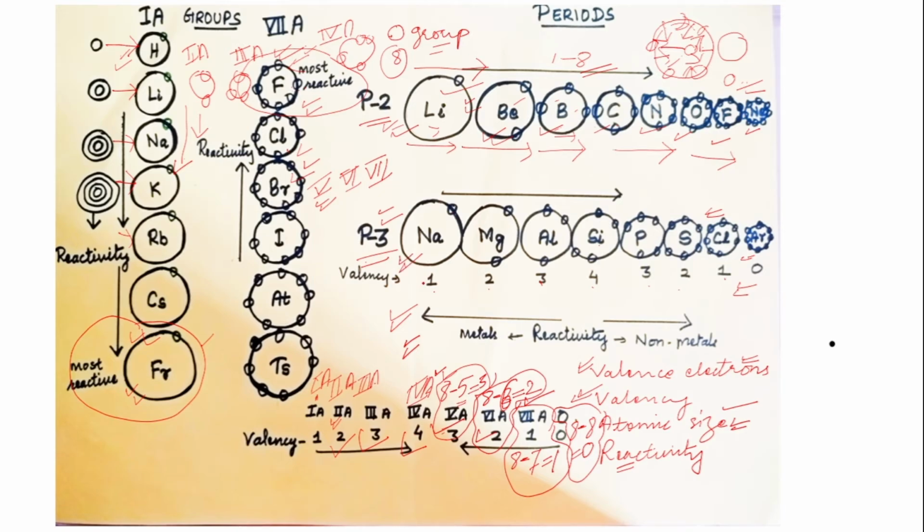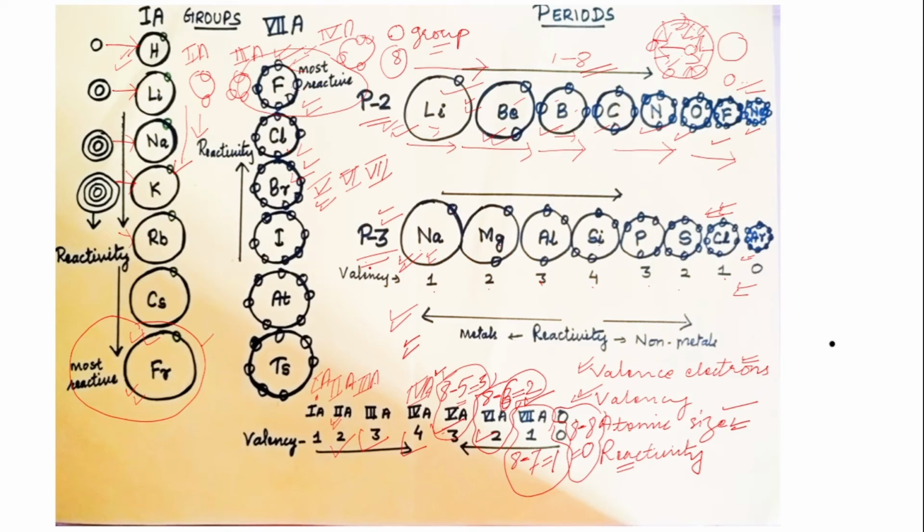Magnesium is less reactive than sodium, and aluminum is less reactive than magnesium. That means sodium is the most reactive. On this side, among non-metals, chlorine is the most reactive in period 3. Sulfur is less reactive than chlorine, and phosphorus is less than sulfur.